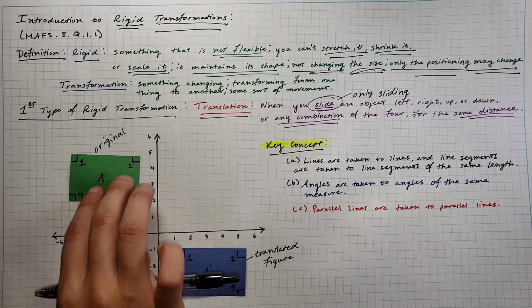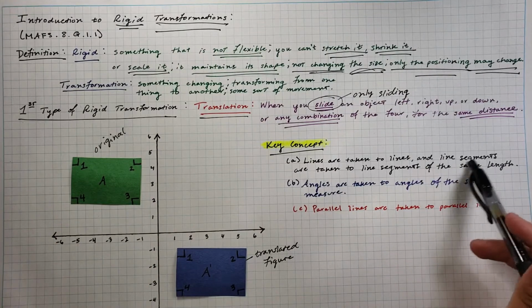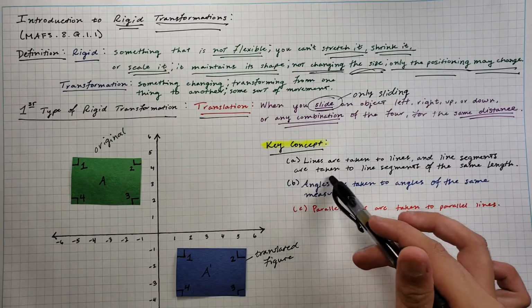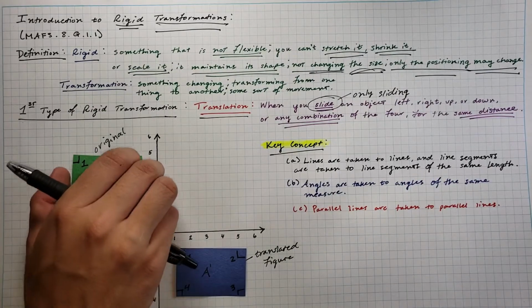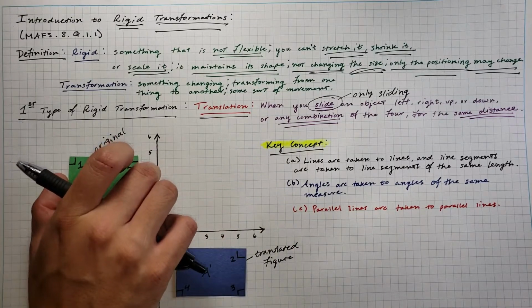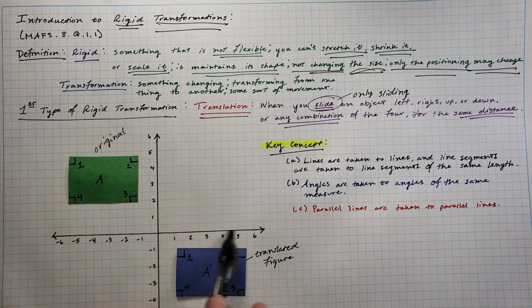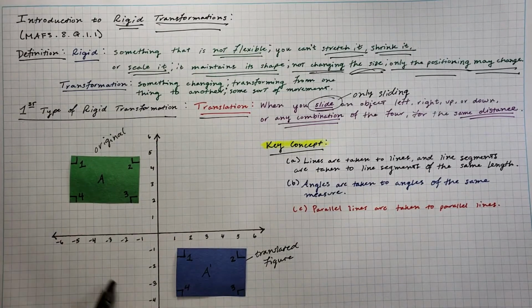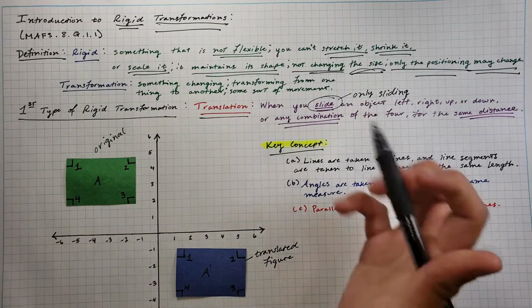It's a mapping. That's all it means. And so back to the key concept, line segments are taken to line segments of the same length. When we translated this figure to the right and then down, the length of the lines didn't change. This length is still this length. This length is this length, and this bottom length is still this bottom length. Okay, so that's pretty much the key concept for part A.